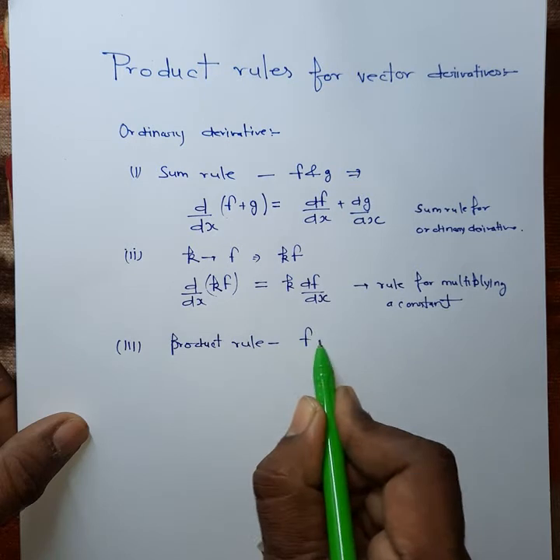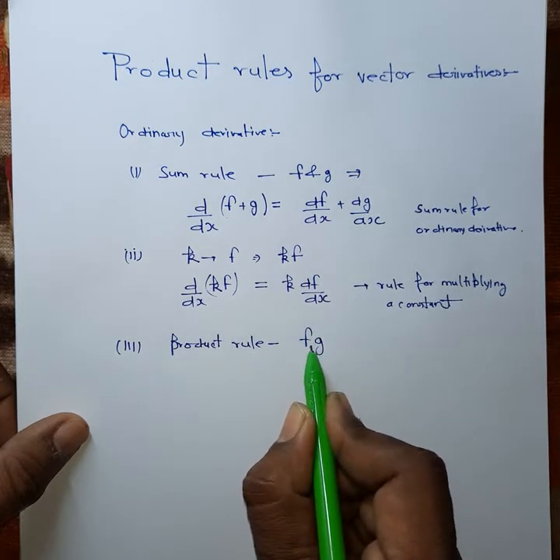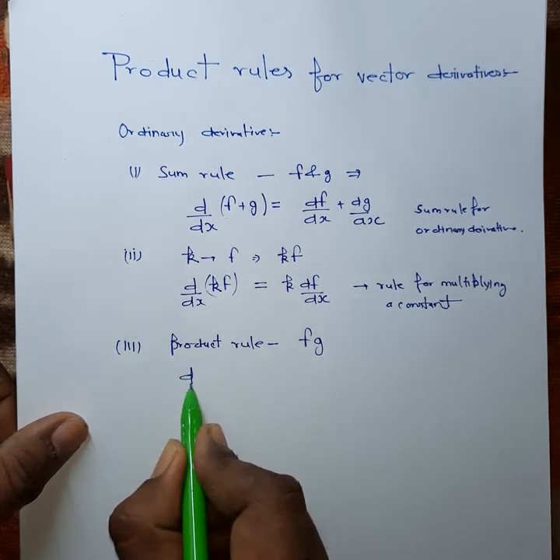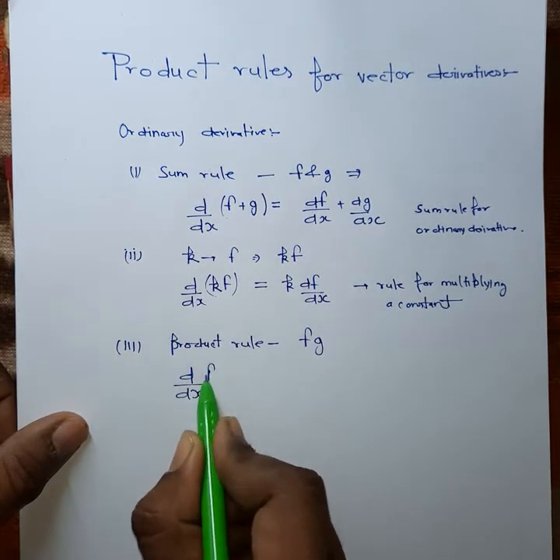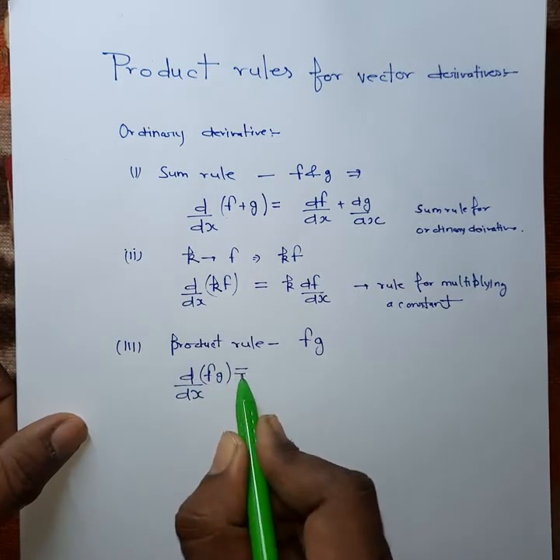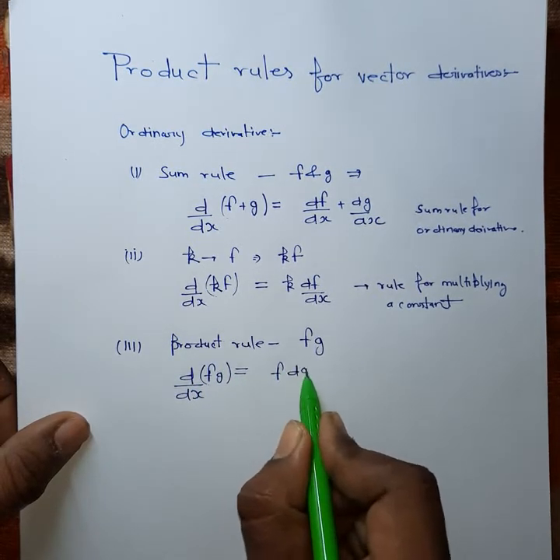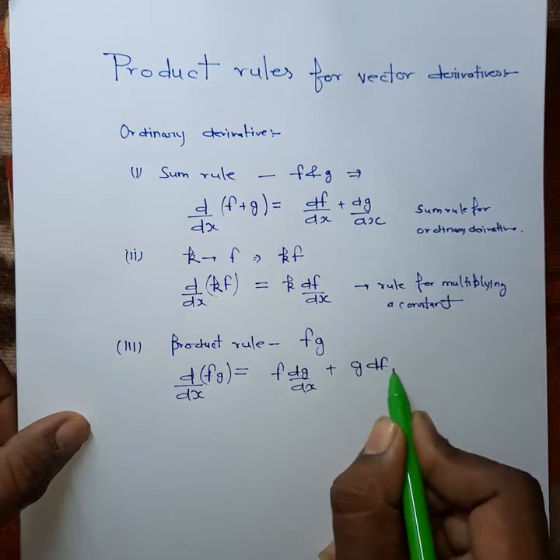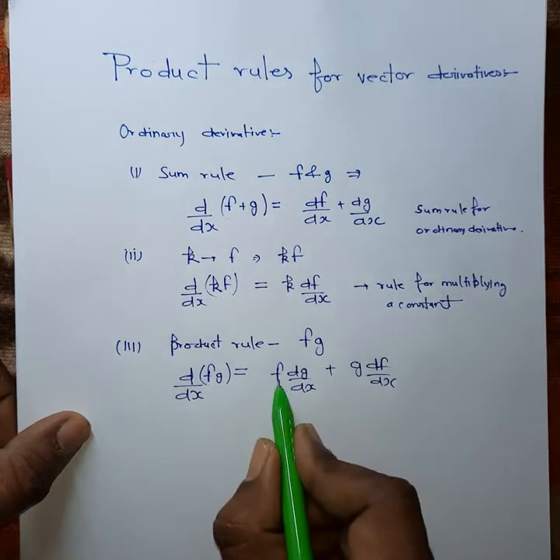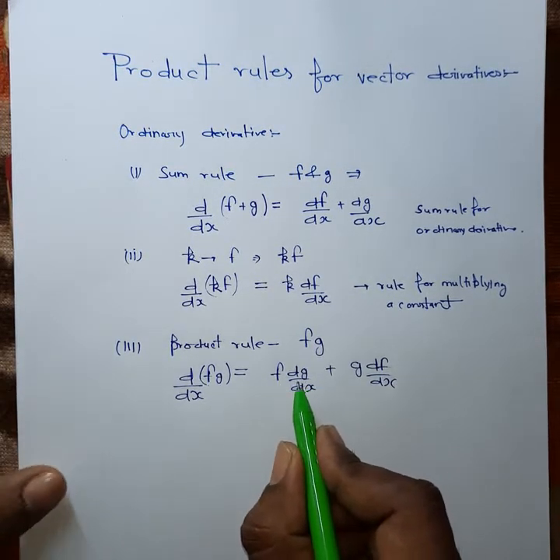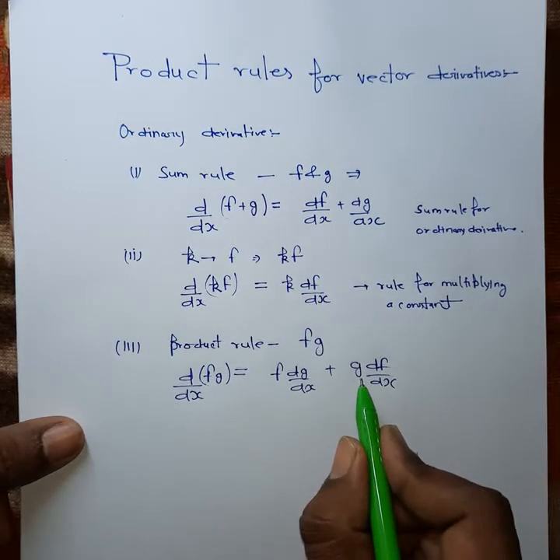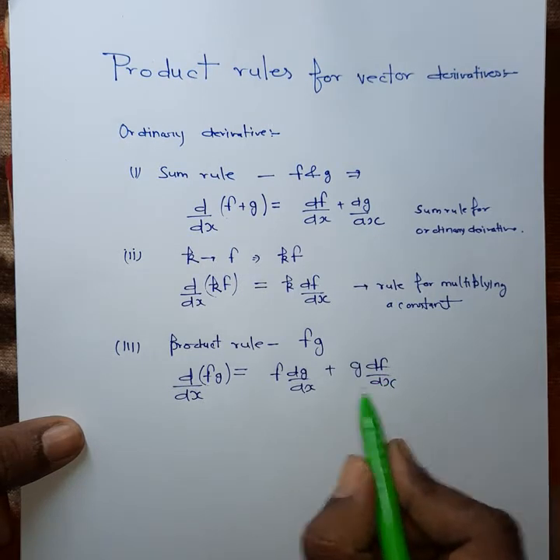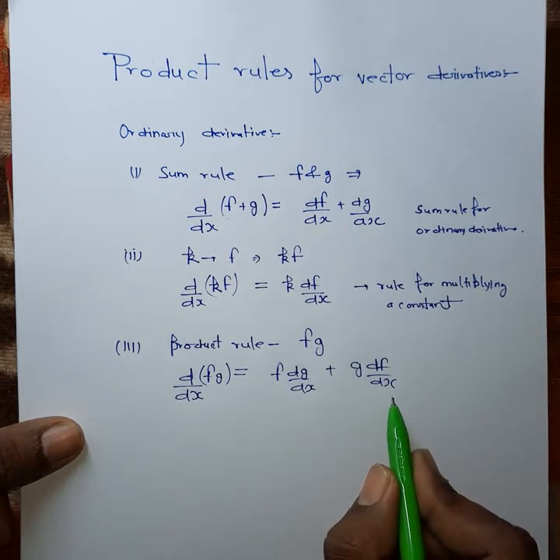If there are two functions f and g, and you take their product fg, then the product rule can be written as d by dx of fg equals f dg by dx plus g df by dx. That means the first function multiplied by the derivative of the second function, plus the second function multiplied by the derivative of the first function. So this is the product rule for ordinary derivatives.